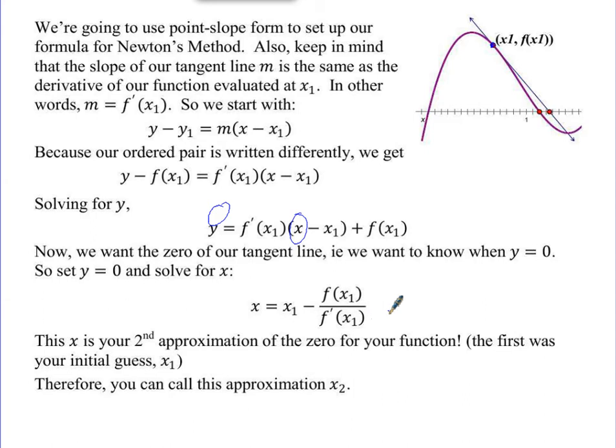And because I used algebra this whole time, this is always going to be true no matter what x-coordinate I pick. It gives me an estimate for a 0 using this method, and this is Newton's method right here.